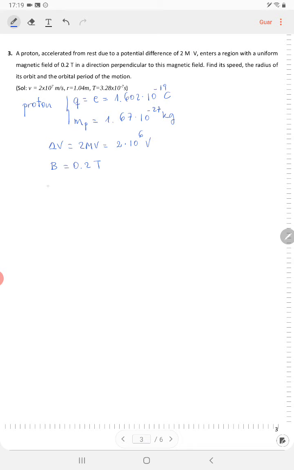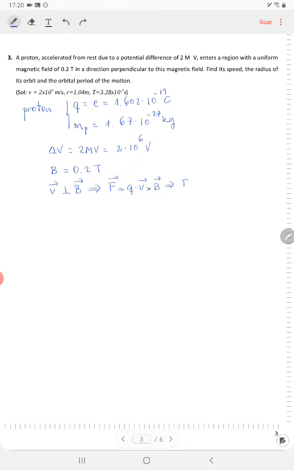Okay, so we know that if the velocity, the direction is perpendicular to the magnetic field, then the force, the magnetic force, as it is Q times the cross product of the velocity and the magnetic field, its magnitude is going to be equal to Q times the velocity, the speed, times the magnitude of the magnetic field, because they're both perpendicular.